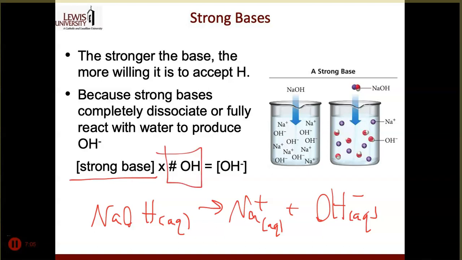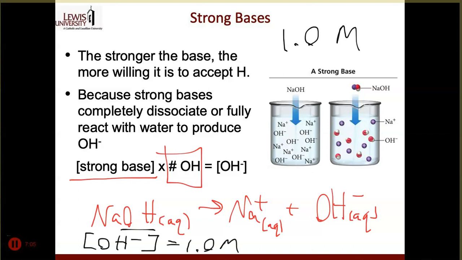So in this example, for sodium hydroxide we have just one hydroxide in the formula. Okay, so for instance, if we had a 1.0 molar sodium hydroxide solution, the concentration of OH minus is equal to 1.0 molar multiplied by 1, which is just 1 molar.